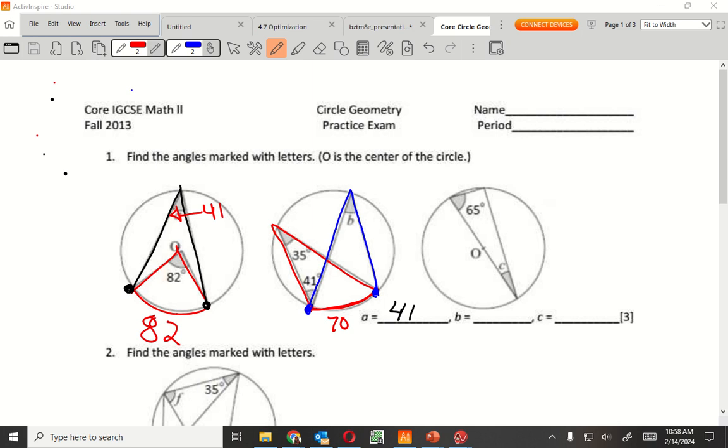That is inscribed again. We know that the inscribed angle should be half of the arc, right? Right. Yes, it is 35. So the inscribed angle is going to be half of the arc. So B is going to be 35.